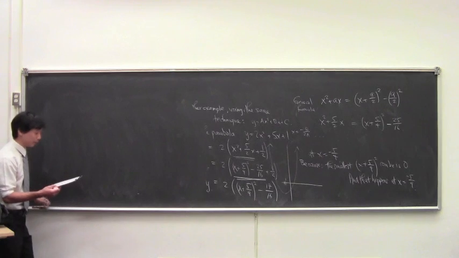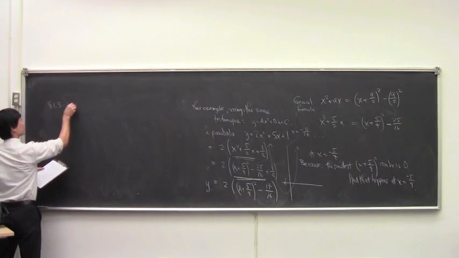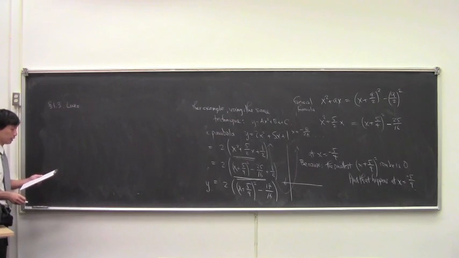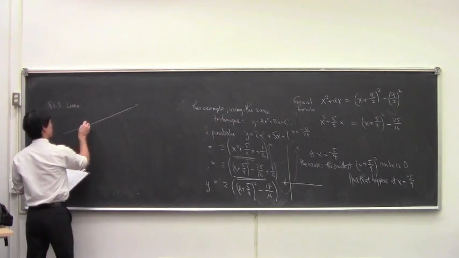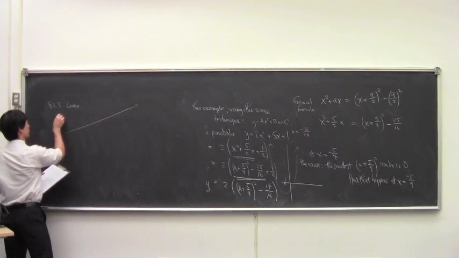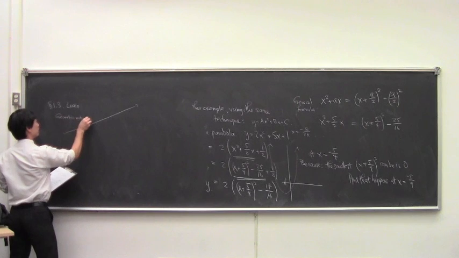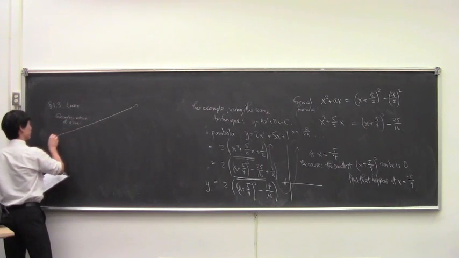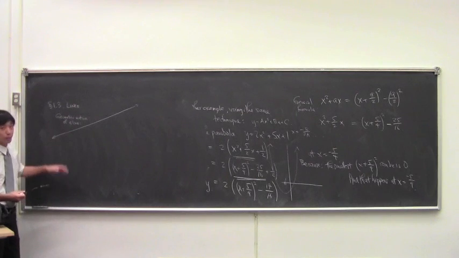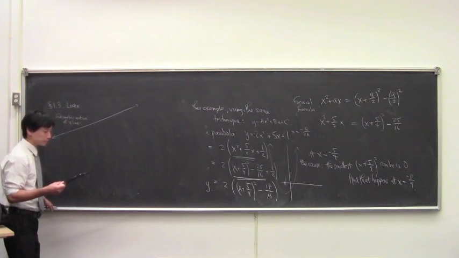Something that we were starting to hit earlier: lines. So there's this geometric notion of a line. It's this thing that's straight and goes on infinitely in both directions, right?